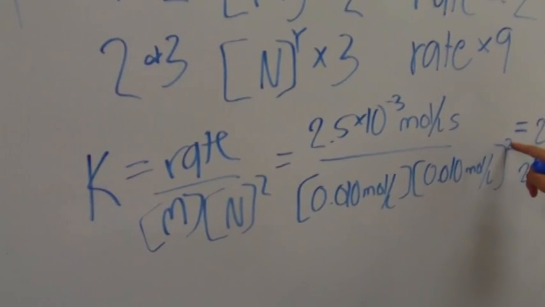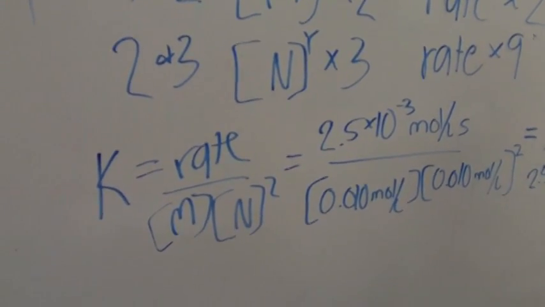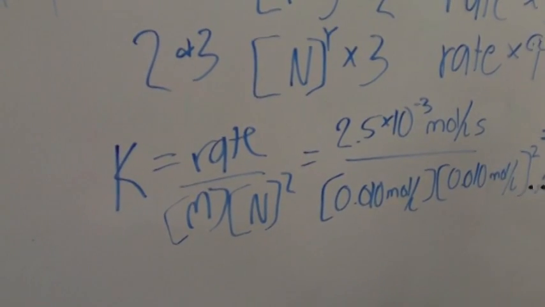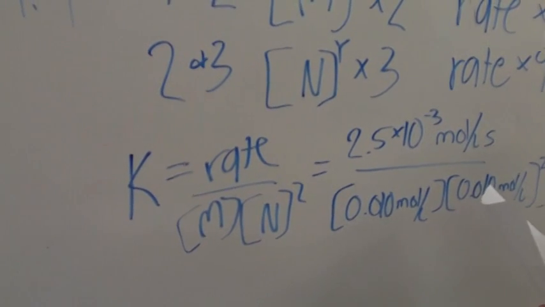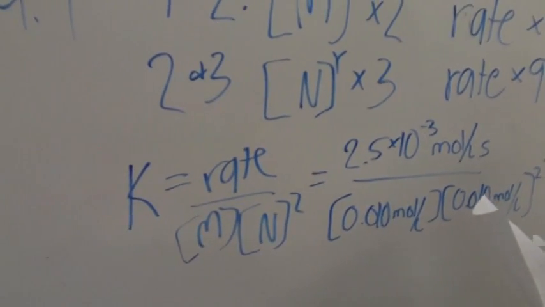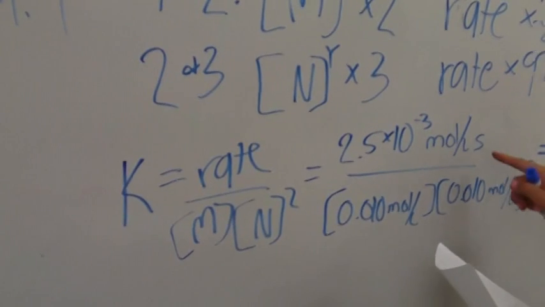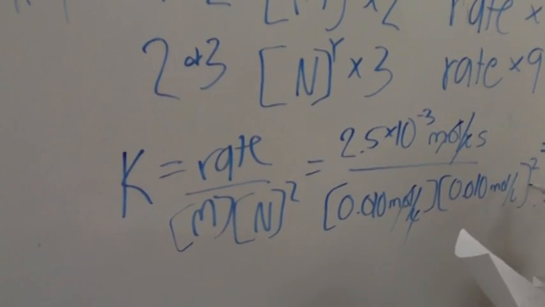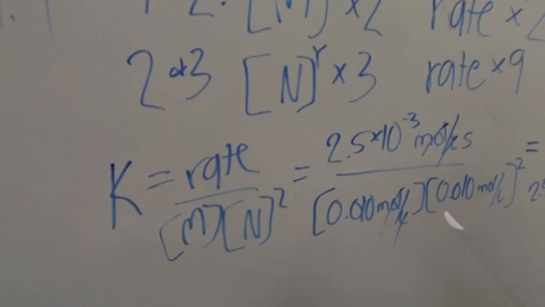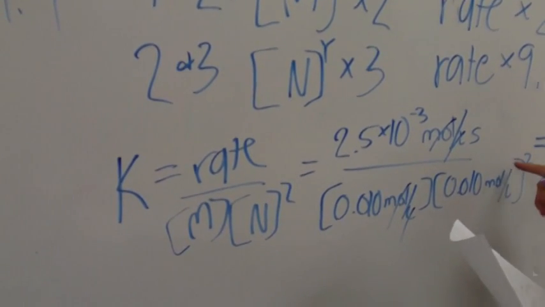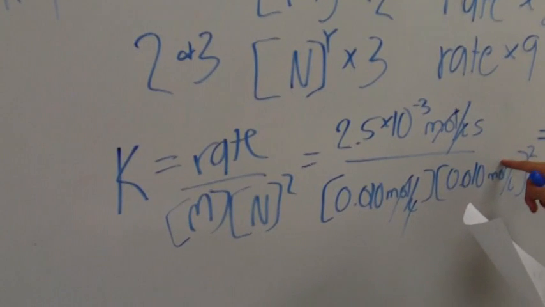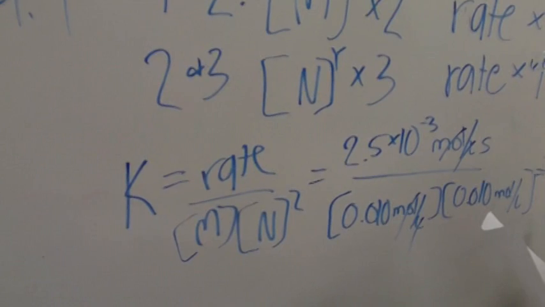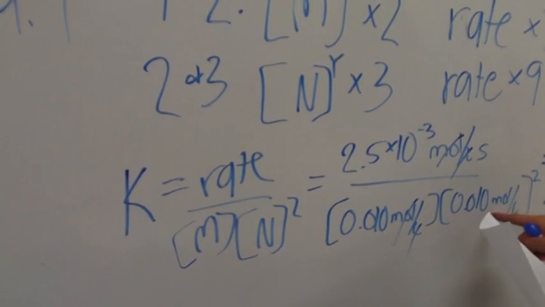So you have to think of these as being squared. When you do that, you're going to end up with the moles canceling, the liters canceling, and then you're going to have moles squared on the top, and seconds and liters squared on the bottom.